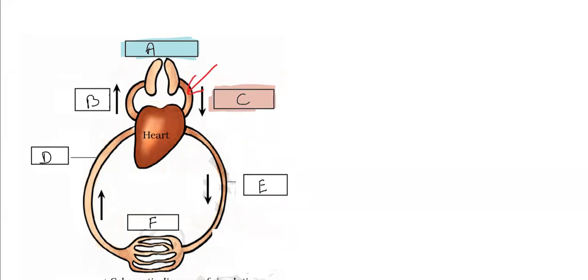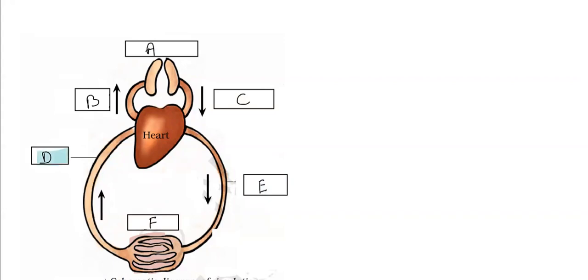Now it goes to the rest of the body and comes out of the heart through the largest artery called the aorta. And the portion marked F will be capillaries, where the exchange of gases takes place. That means here the blood turns from oxygenated to deoxygenated blood. Now it is rich in carbon dioxide.